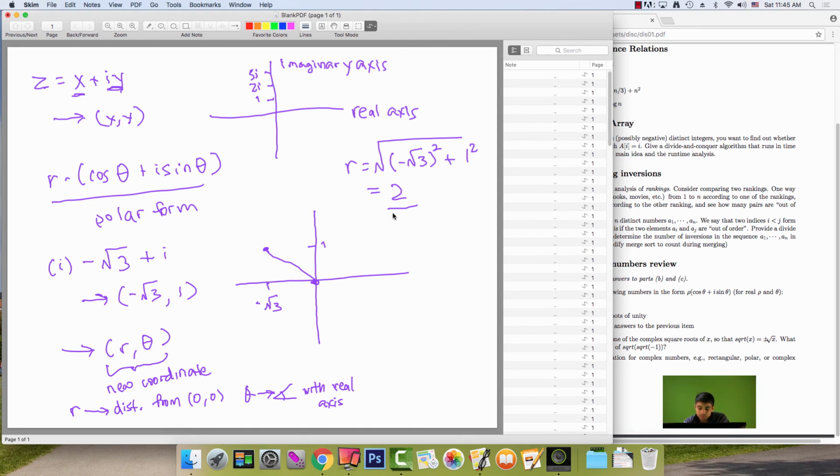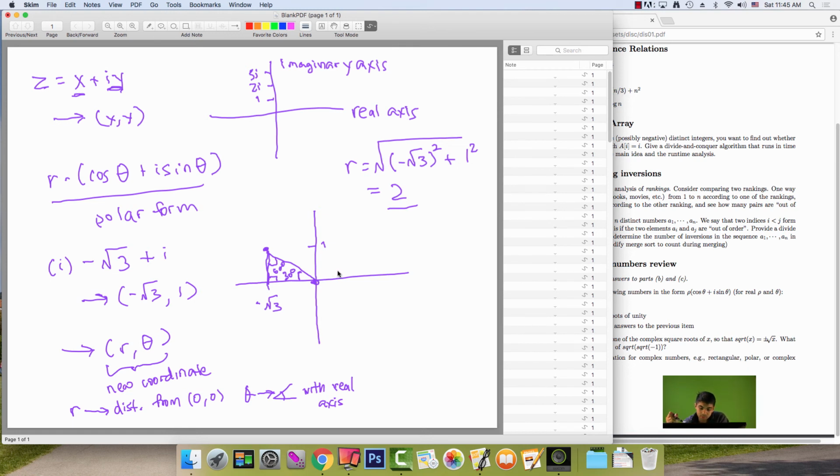To find the angle that this makes with the x-axis, an important thing to notice is that if we make a right triangle with this point, we're going to have this angle be 30 degrees and this angle be 60 degrees. That stems from the fact that this is a special right triangle, a 30, 60, 90 triangle.